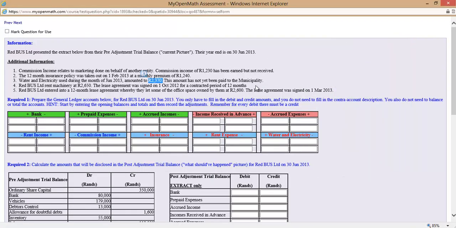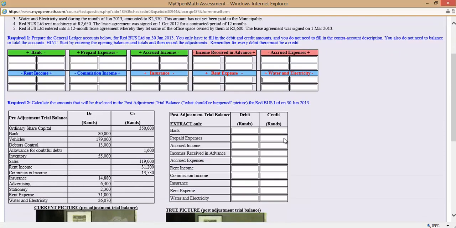So what has happened here? We start off with our opening balance for water and electricity. It's an expense, so the total is going to be filled in on the debit side, 26070. Then we had our adjustment of 2370. This adjustment is water and electricity that we've used but not yet paid.